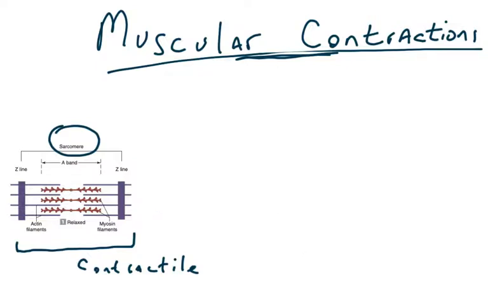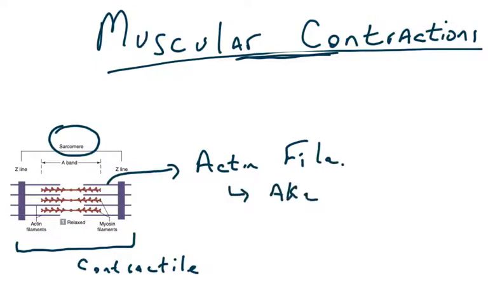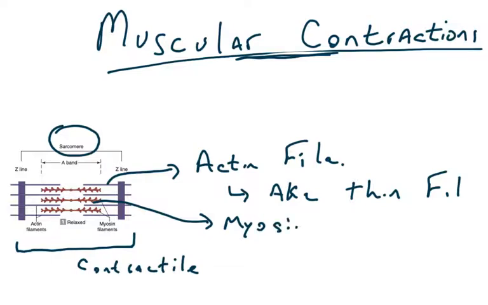Now, as a quick review, within the sarcomere itself, we have what's called actin filaments, aka thin filaments, and we also have myosin filaments, also known as thick filaments.